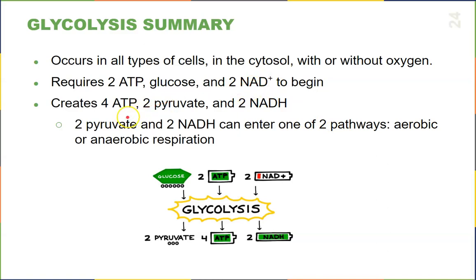And then it creates 4 ATP, 2-pyruvate, which is basically a glucose cut in half, and then 2 reduced NADH. So the pyruvate and the NADH enter either aerobic or anaerobic respiration. We will move on to aerobic respiration, so that's what occurs when we have oxygen.